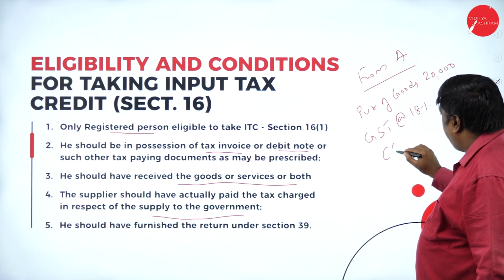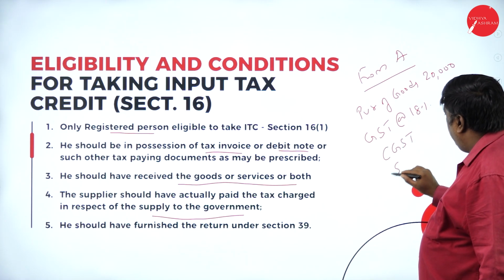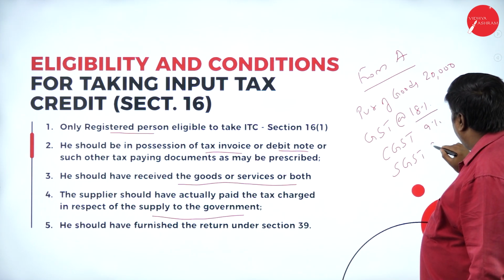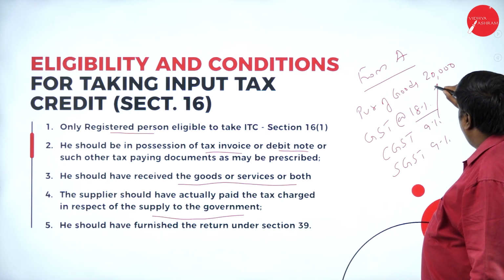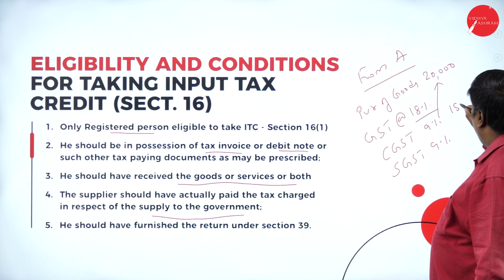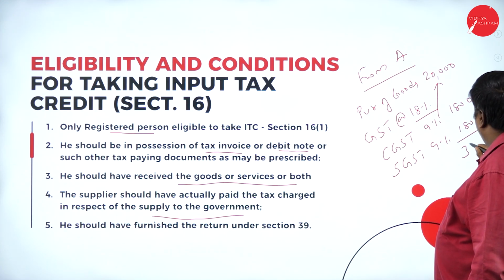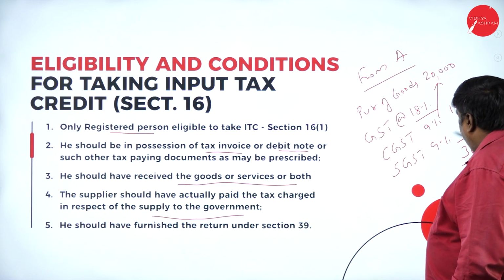That is CGST and SGST 9%. So 9% on 20,000 will be 1,800 and 1,800. So I paid here 3,600 GST.